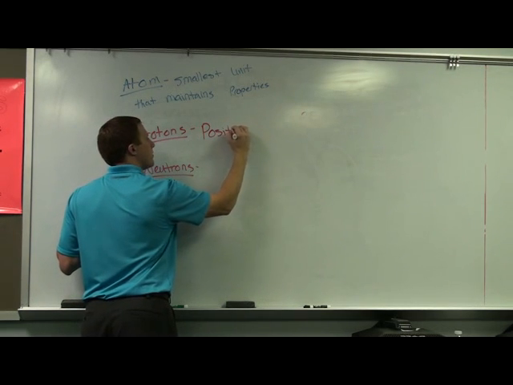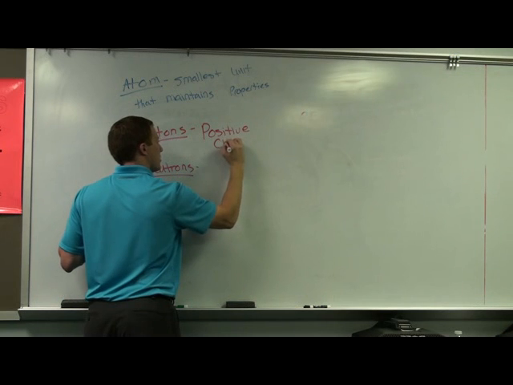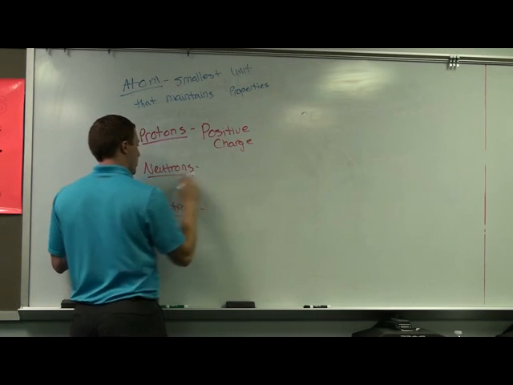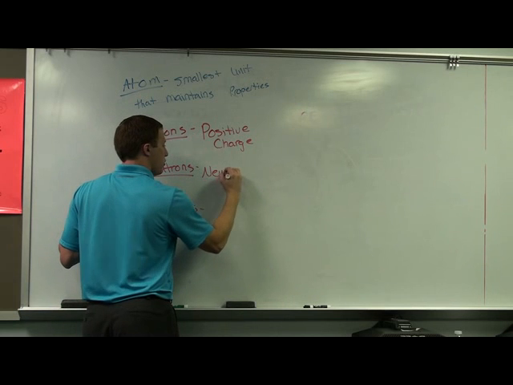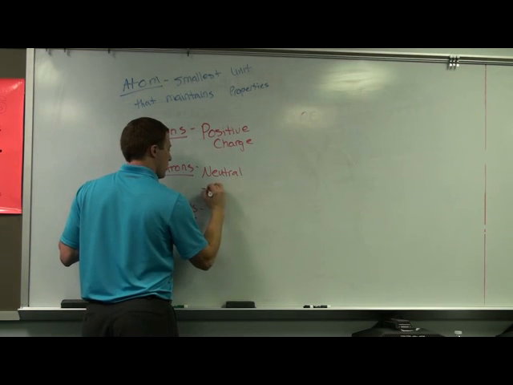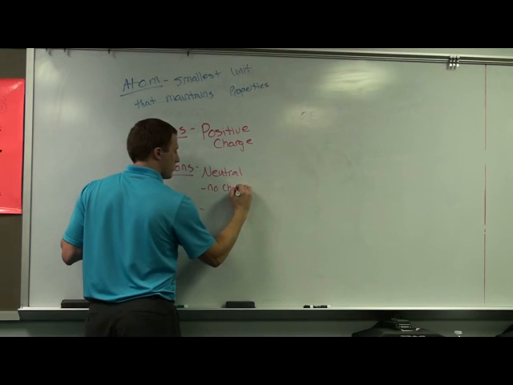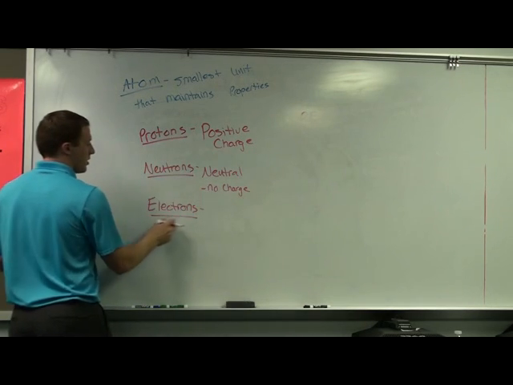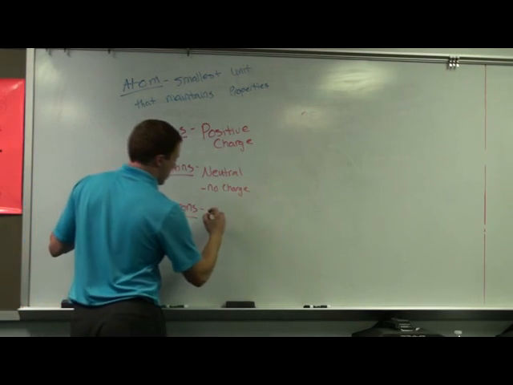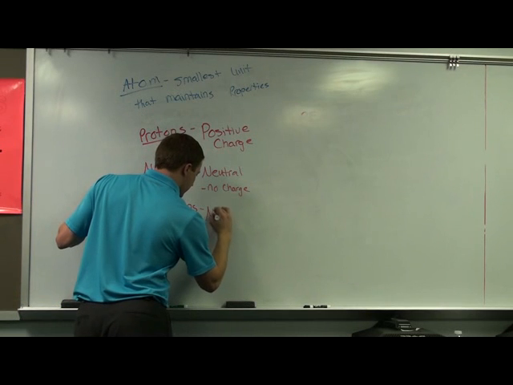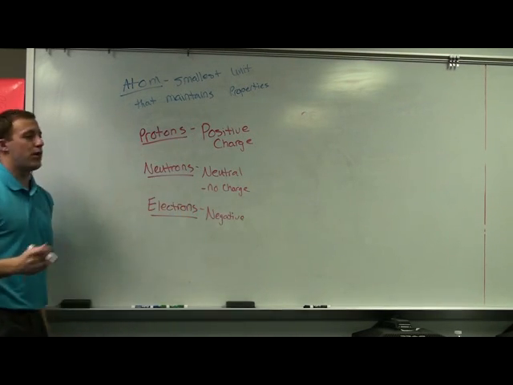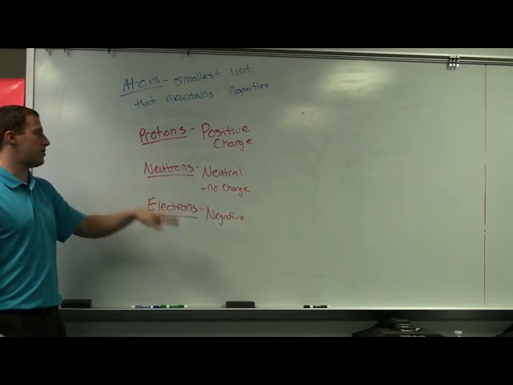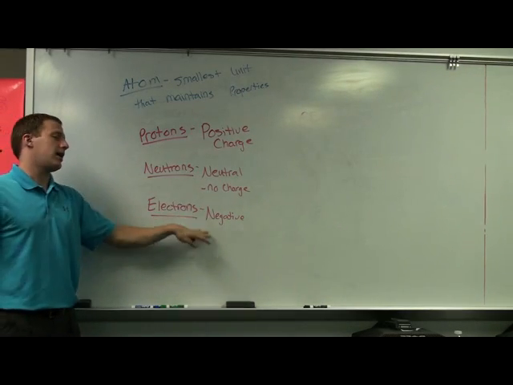Protons, so positive charge. What are neutrons? Neutral or no charge. And so electrons must be negative. Okay? So easy way to remember it. Positive protons, neutral neutrons, negative electrons.